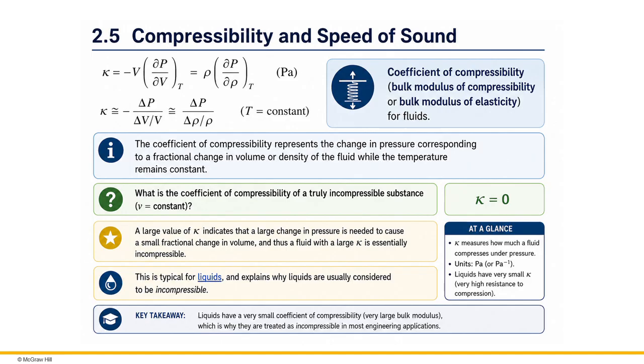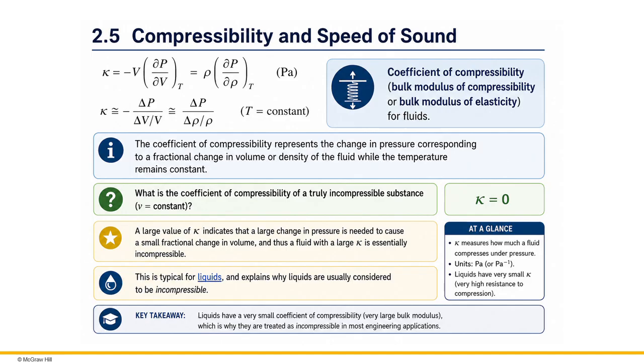For small changes, the equation becomes K is approximately equal to minus delta P by delta V by V, or equivalently delta P by delta rho by rho. This tells us how much pressure change is needed to cause a fractional change in volume or density. A large K means the fluid is difficult to compress.